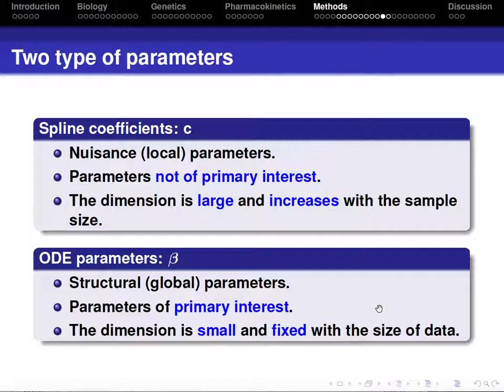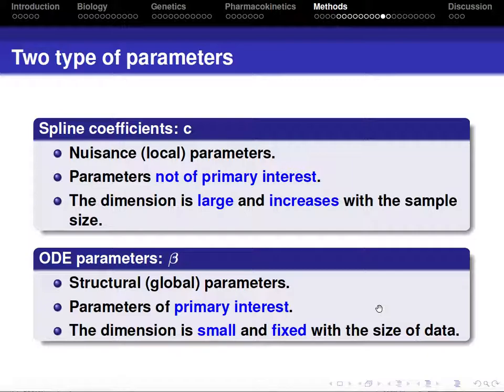Here we actually have two types of parameters to estimate. The first is the spline coefficients, the c here. We call these the nuisance parameters because they are not of primary interest, right? We also call them local parameters because the coefficients only decide the fate of the smooth function in local areas.